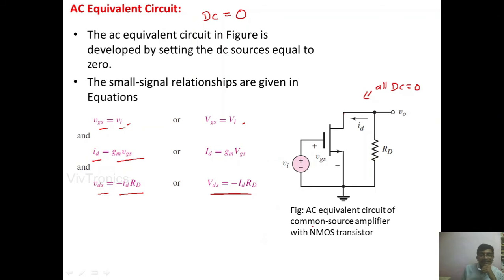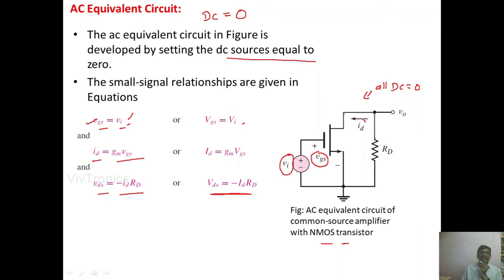So let us see, this is the AC equivalent circuit of the CS amplifier with an NMOS transistor. Here all DC sources are set to 0 and we have only AC components. At the input side, vi is the only AC source and vgs is the gate to source voltage. This is also a pure AC source because vi is nothing but vgs here.